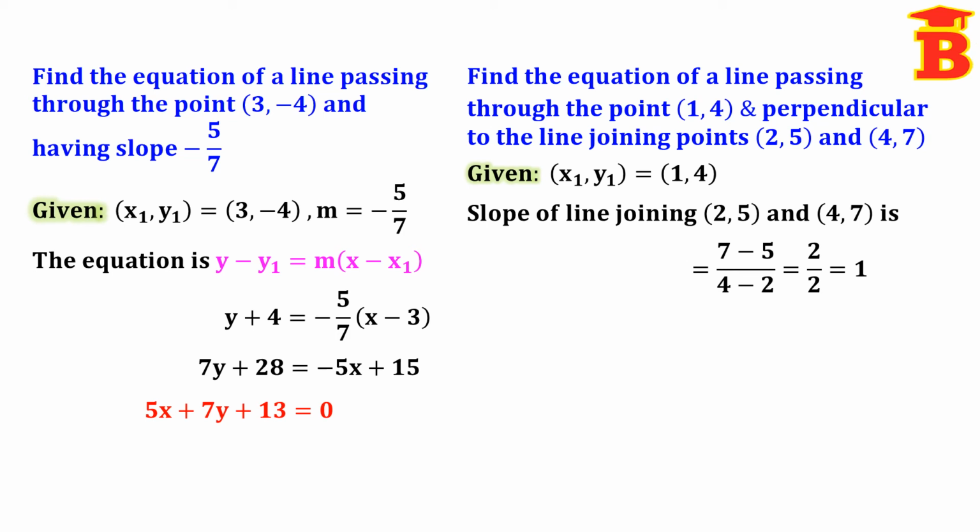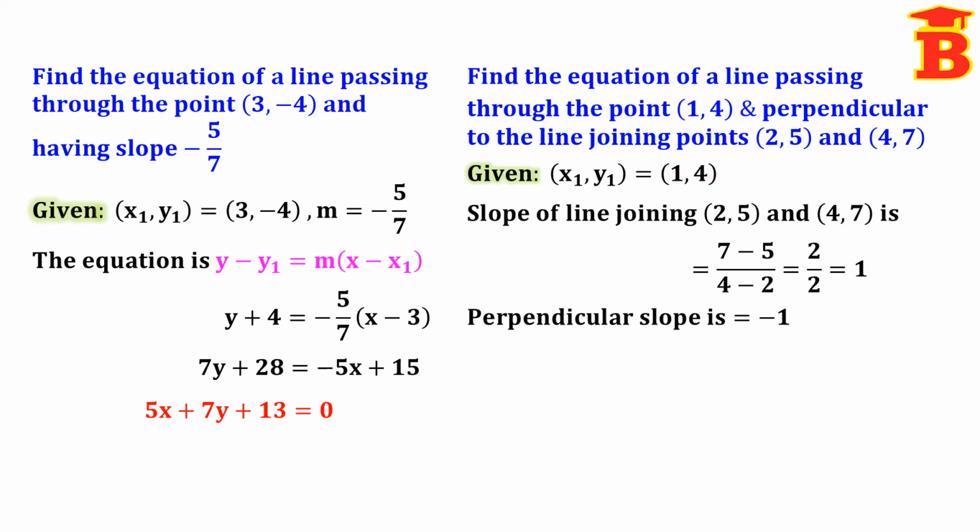We have to take the perpendicular slope. We know how to take the perpendicular slope: take the reciprocal and change the sign. So the perpendicular slope is the reciprocal of 1, which is 1. Change the sign, minus. Therefore -1. Now we have the slope and we have the point also.